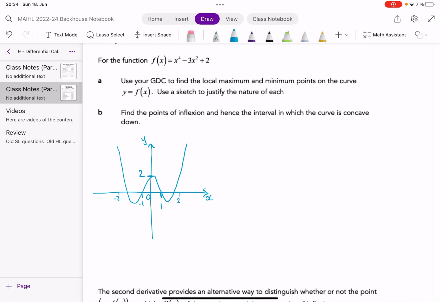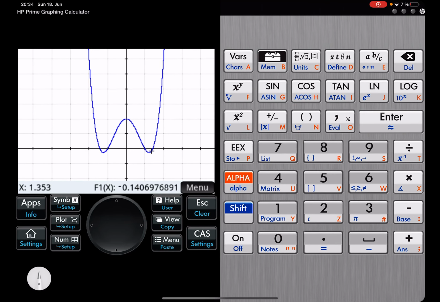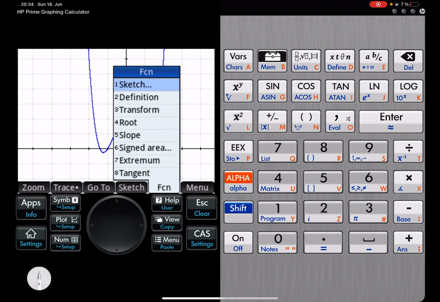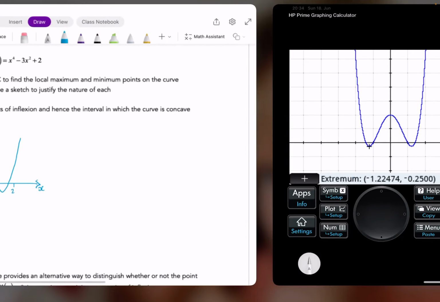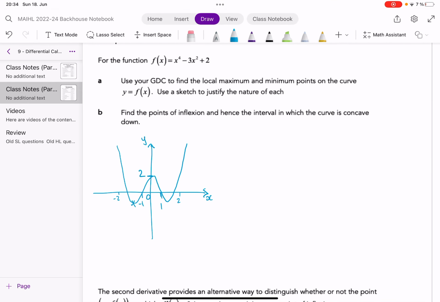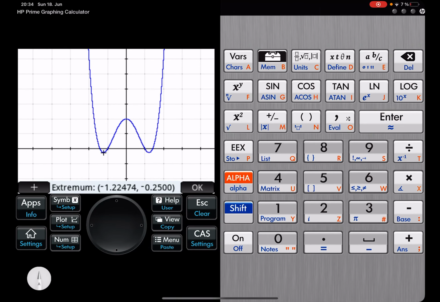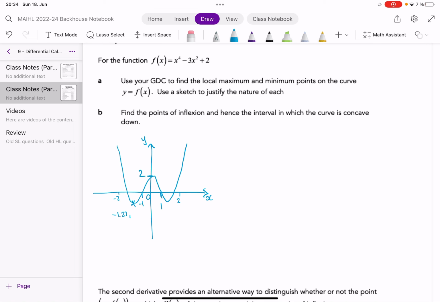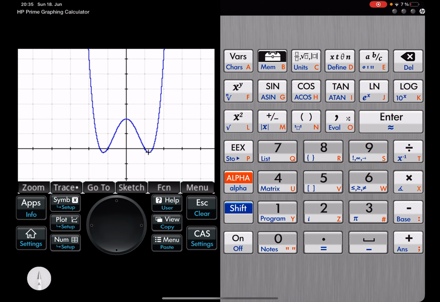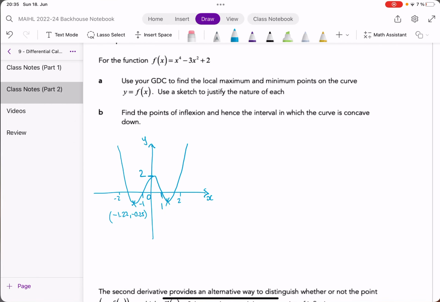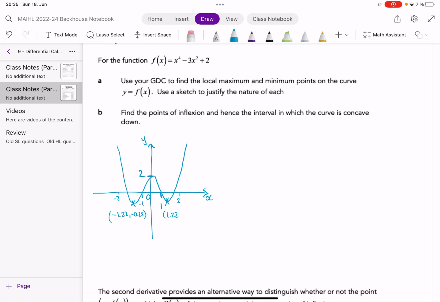Okay, so we want to find the maximum and minimum points. Well, that's easy enough. We can just use our extremum function. So -1.22 and -0.25. And this one, as it's symmetrical, will be the positive 1.22 and -0.25.